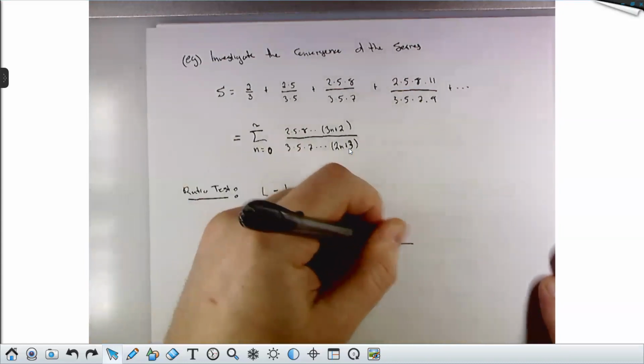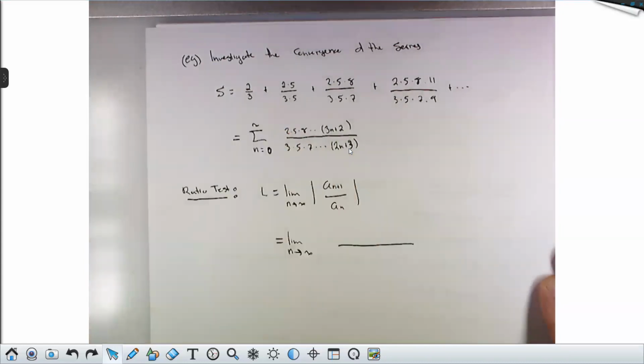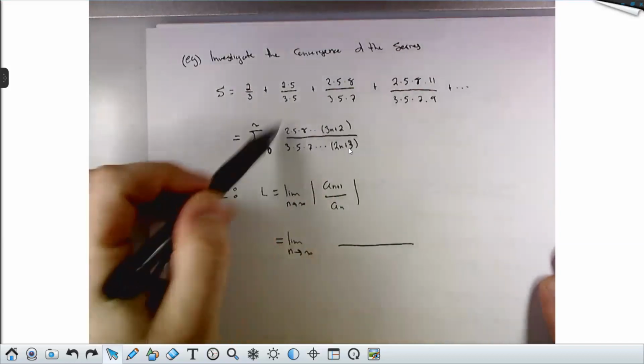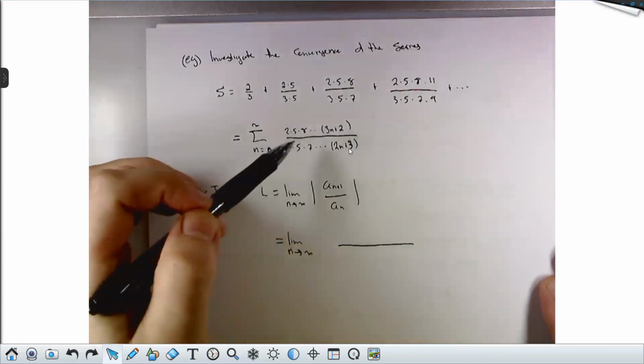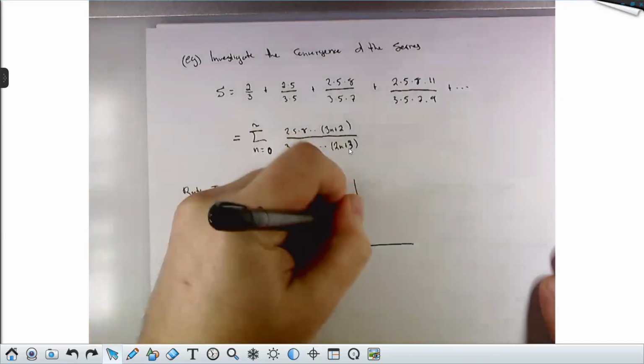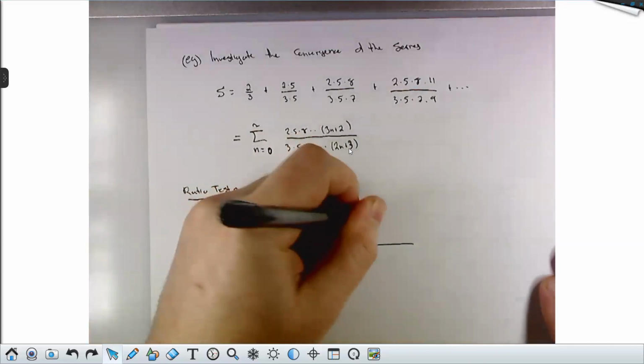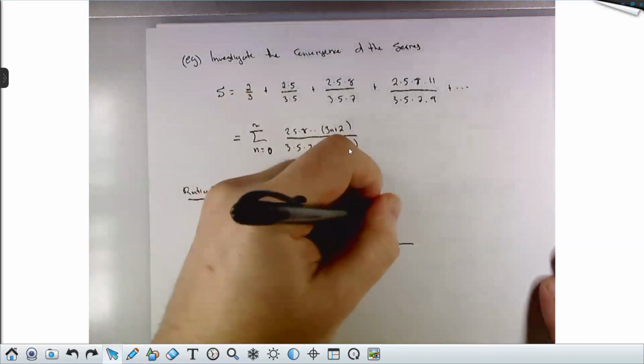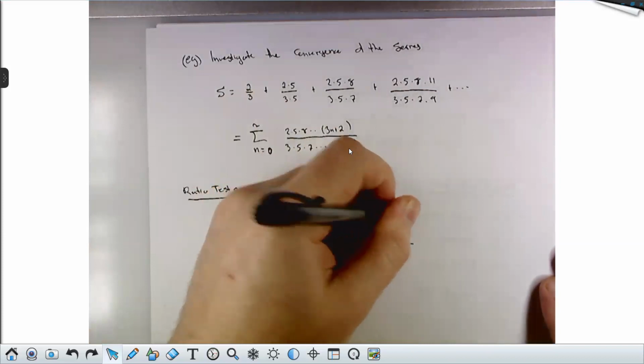I give myself lots of space over here. A sub n plus 1 is the a sub n, but with n swapped for n plus 1. So that's 2 times 5 times 8 out to the second to last term in the product, which would be 3n plus 2.